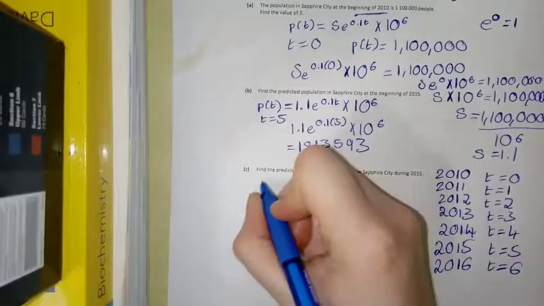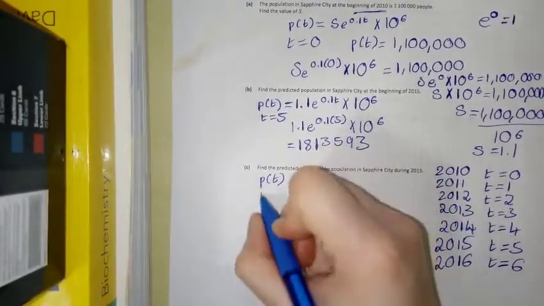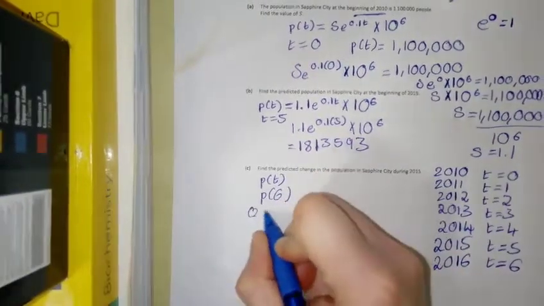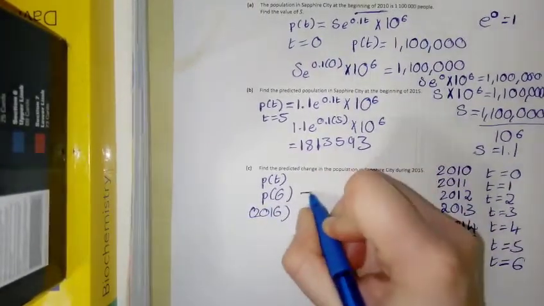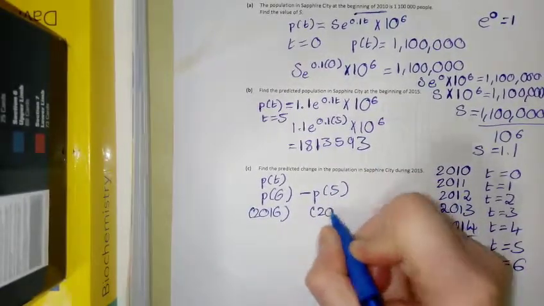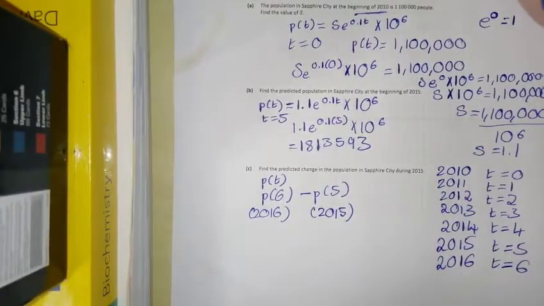So we're going to get our function P(T) when T equals 6, that's 2016, minus our function when T equals 5, which represents the start of 2015, so that will give the change in the year of 2015.